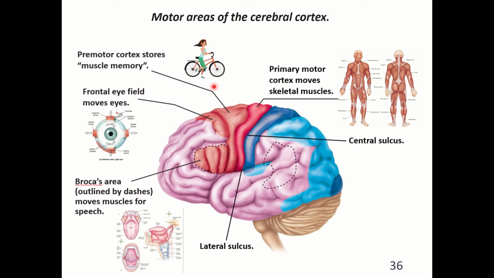You've heard the phrase, you don't forget how to ride a bike. And that's because of your muscle memory. The frontal eye field voluntarily moves the 6 skeletal muscles that move our eyes. And then Broca's area, outlined by dashes, voluntarily moves the muscles for speech.